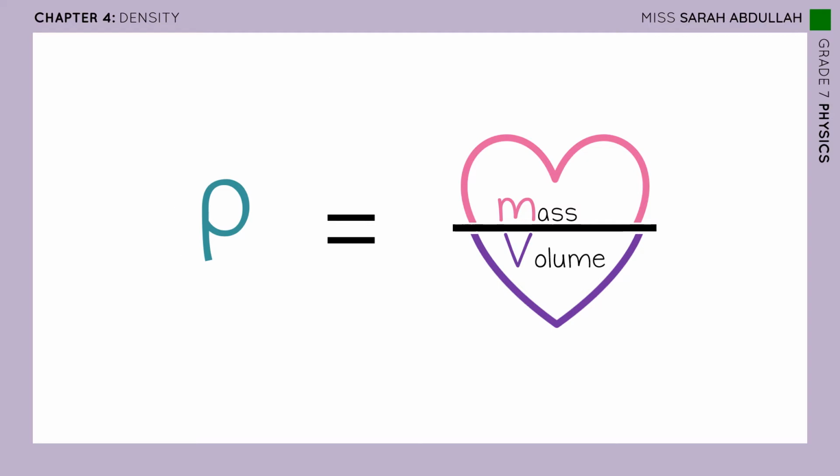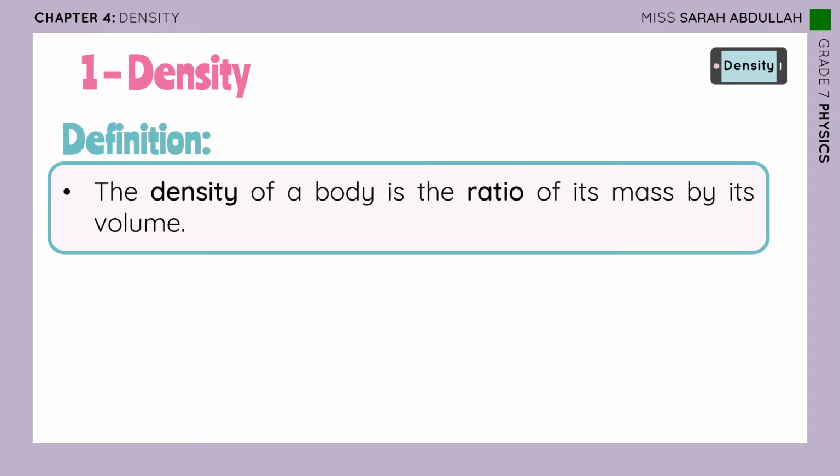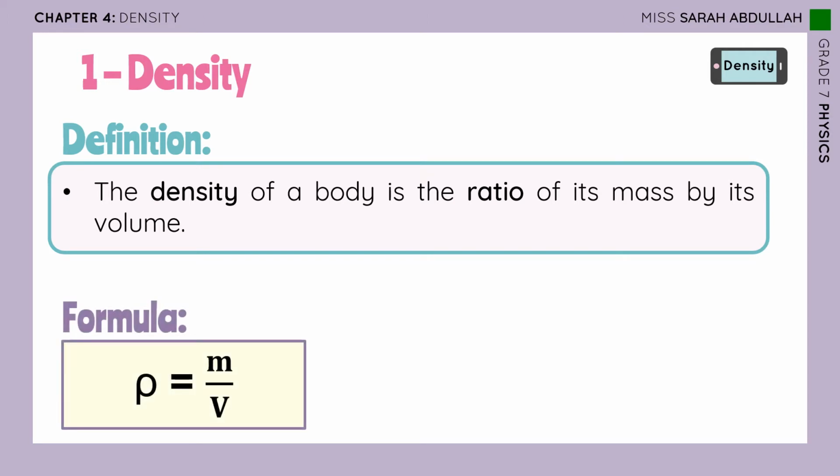We represent it by this symbol. So the density equals the mass over the volume. Now, as for the definition, it is the ratio of the mass by the volume. And as a formula, I can write it rho, which is like a small p, equals mass over volume.